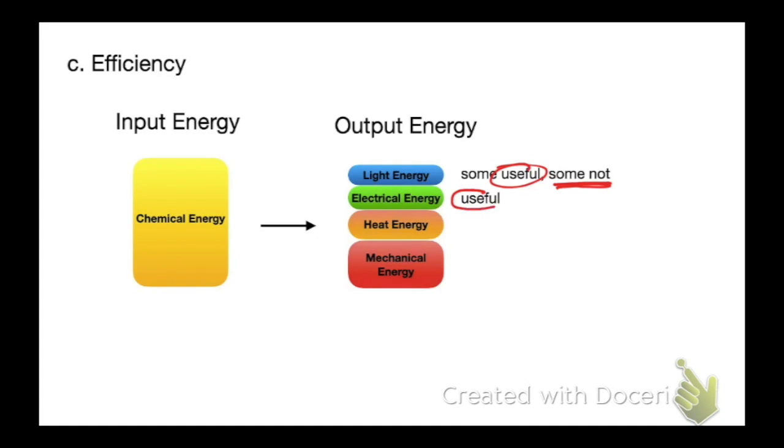Some of the electricity is useful. Some of it isn't. I lose some, I get some friction in there. Heat energy, some of that is useful, some of that isn't. So mechanical energy, the wheels move and all that, but there's friction and I do have heat loss. And so some forms of this energy are useful and some are not. Okay, let's jump to the calculation.